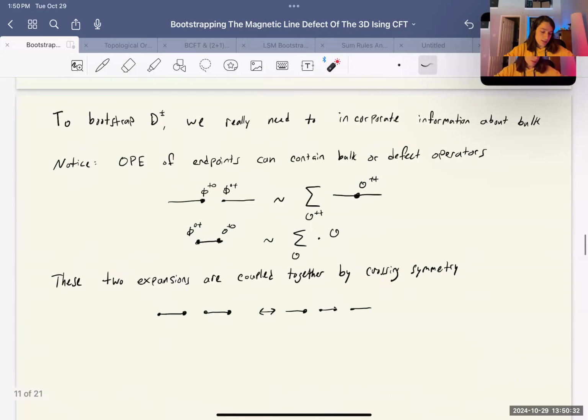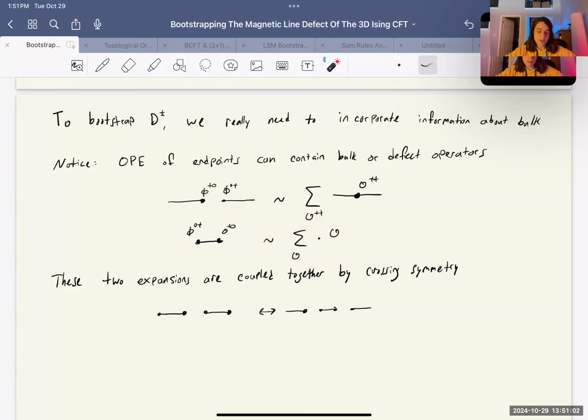Okay, so to bootstrap this defect, what we're going to do is incorporate a lot of information about the bulk. This is going to enter because when we take a small segment of the defect, we expect that it can be expanded into bulk operators.